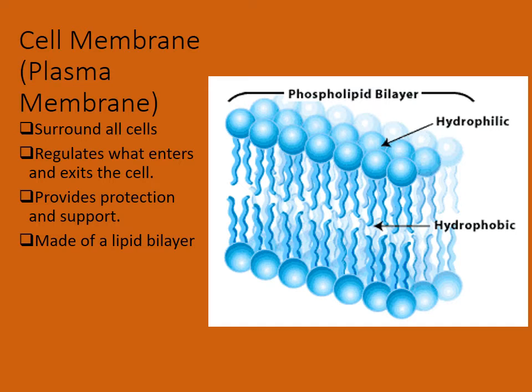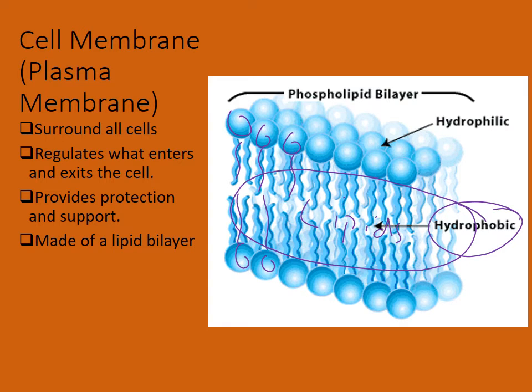So when you look at your cell membrane, it has phosphate head and lipid tail, phosphate head, lipid tail, and it's bilayer because you have two layers. Because this inside part is lipid, and lipid is fat, and fat is insoluble with water, therefore it's called hydrophobic, and we already learned that term in last unit.